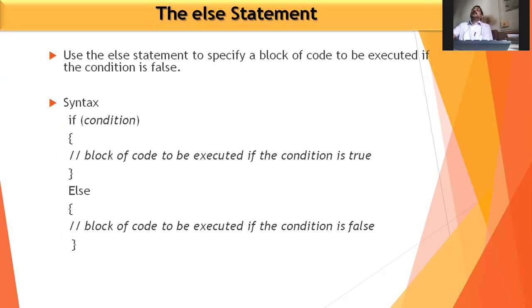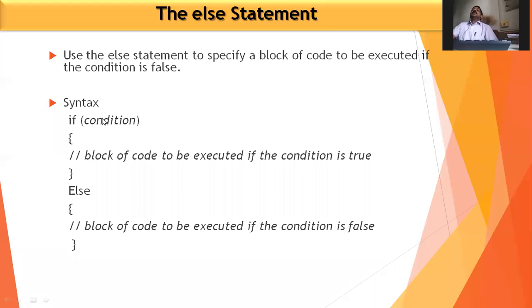Now the next is the else statement, or you can say the second part of any if. We use the else statement to specify a block of code to be executed if the condition is false. So if the condition is false, the statements written after the else will get executed. This is the syntax provided here.